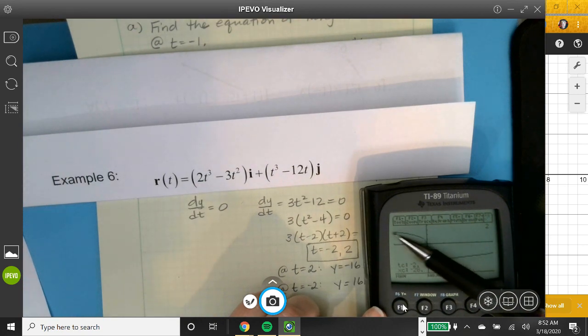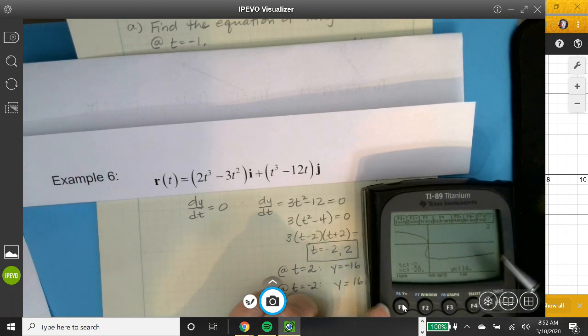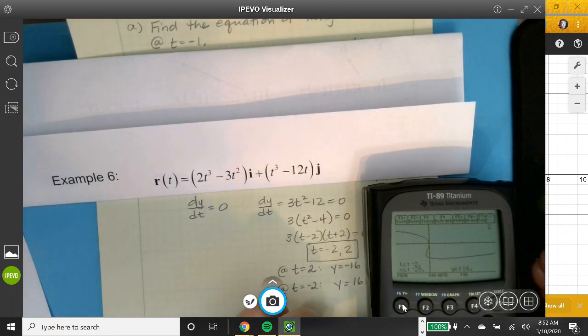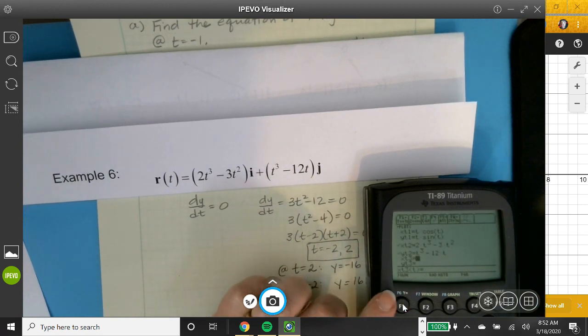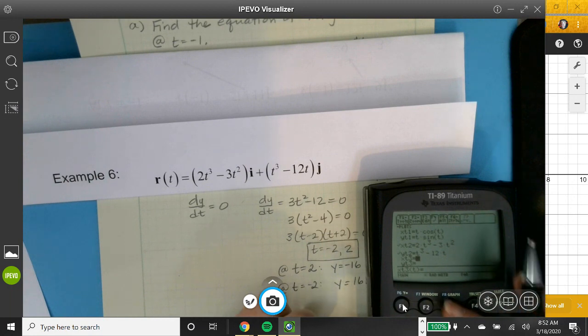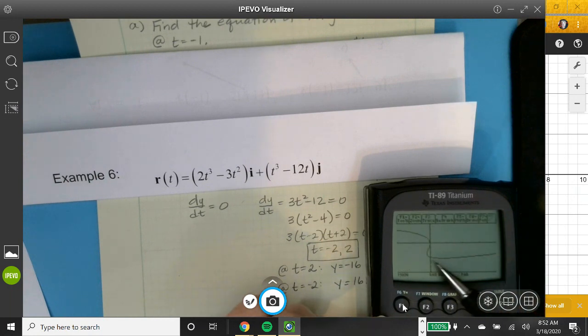And I'm sure you can see that that's a horizontal tangent over here. And then down here, I'm wondering if we can, I don't know how to graph the tangent line at the same time. That's going to be a story for another show. All right. But we have a horizontal tangent here at -16 as well.